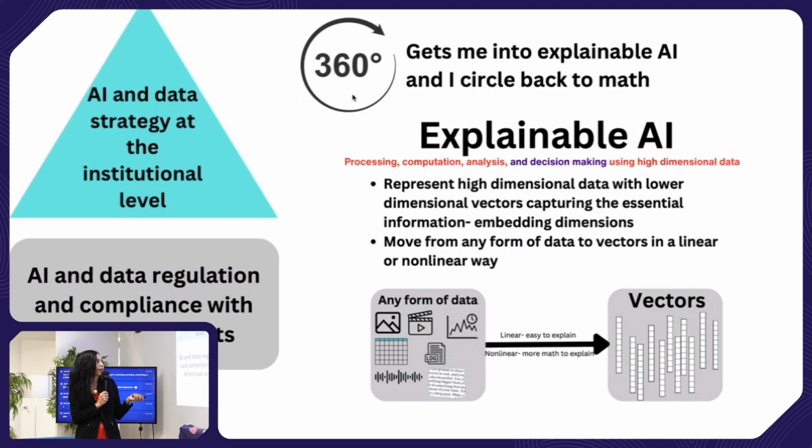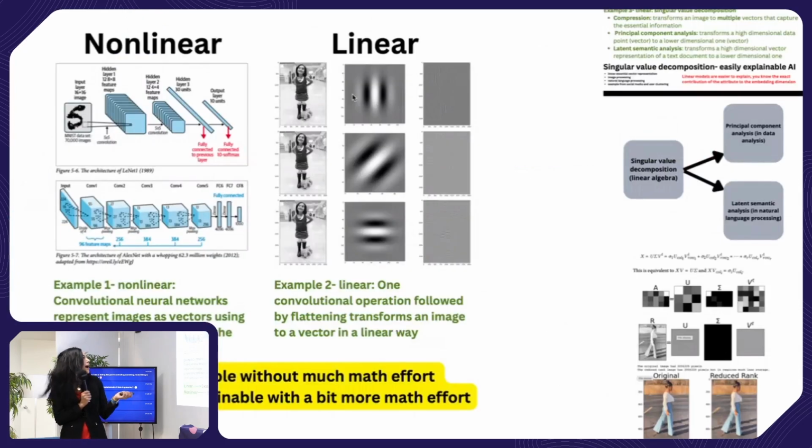If you think about AI, it's always representing high-dimensional data with lower-dimensional vectors. You have data of all types, and all you're doing is embedding vectors, and then making decisions or calculations with these vectors. How you move from data to vectors could be linear, which is easy to explain, or nonlinear, which takes more math to explain. But in the end, you're not doing anything but that in any AI model.